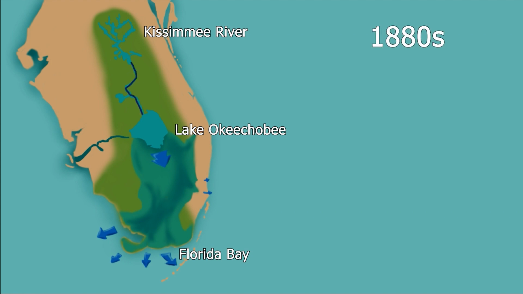Drainage projects in the greater Everglades watershed began in the Kissimmee River Basin and the upper Caloosahatchee wetlands in the 1880s. By the 1920s, 6 major canals redirected water from Lake Okeechobee to the Atlantic and Gulf coasts.